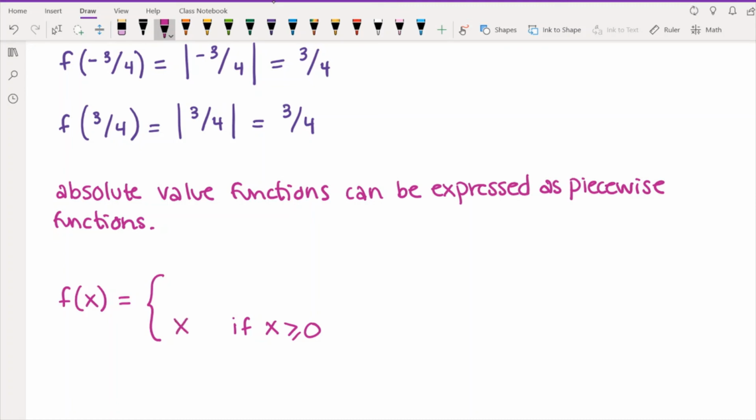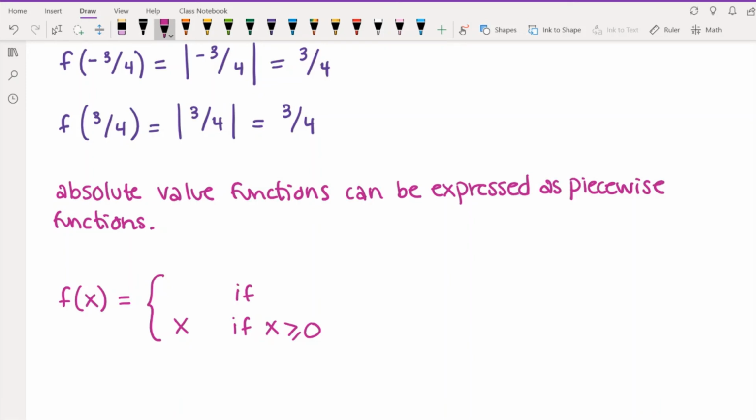Well, it would just be x, right? f of x is equal to x. For example, if x is 3/4, f of 3/4 is still 3/4. So we see x here and we see x here. Input equals the output. So that's what happens when x is greater than or equal to 0.